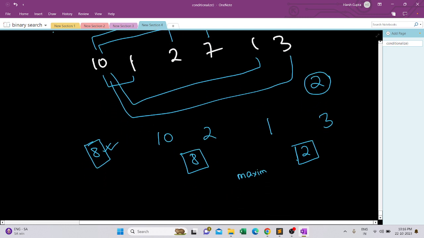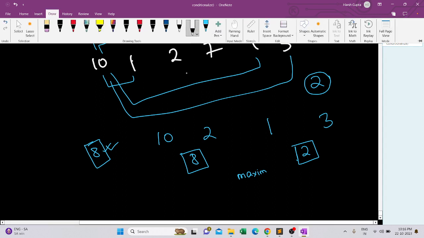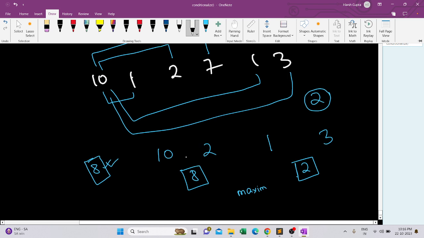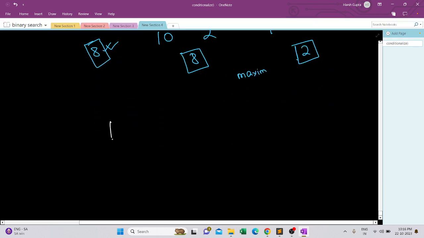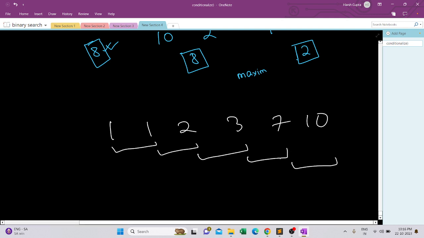Now see what you will do. You will never take pairs randomly like this. Let's suppose you sort this array, what will you get? 1, 1, 2, 3, 7, 10. Now whenever you take the adjacent values, these adjacent values will have the minimum difference possible.